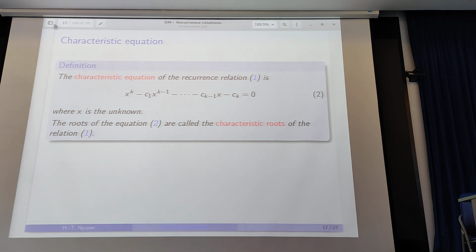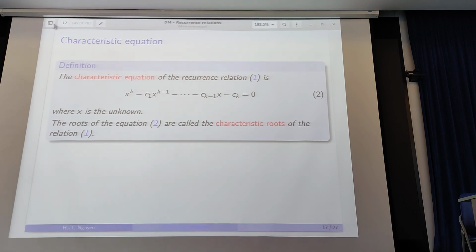So we have degree 2, okay? So the term corresponding to Fn here will be x squared, okay? And then we will add the terms with decreasing power. So here is x and x to the power 0, okay? So if you put everything on the left hand side, then you get this equation, okay? You know how to solve a quadratic equation, okay?